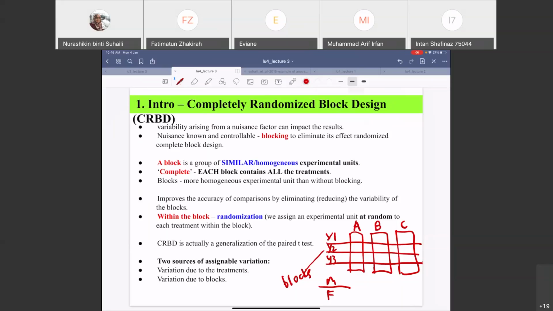So what is meant by completely randomized block design? Although you have the blocks like year 1, sample A, within this scope you have to randomize as well. For example, A was the aquatic program and year 1. So year 1 students in the aquatic program, you also have to randomize. It means you collect the data randomly from year 1 aquatic program.